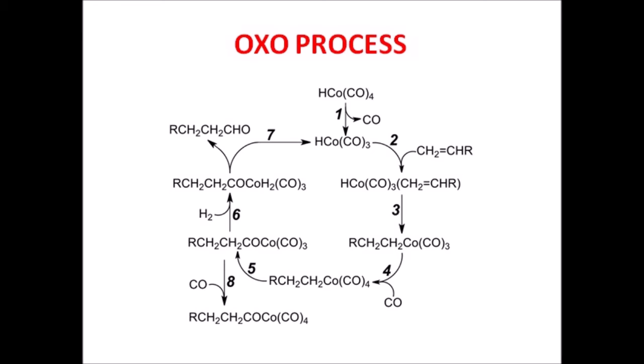Step 4 is another insertion reaction, namely carbonyl insertion to give an acyl complex. Step 5 is the reaction of gaseous hydrogen with the acyl complex to yield an aldehyde and HCo(CO)3.